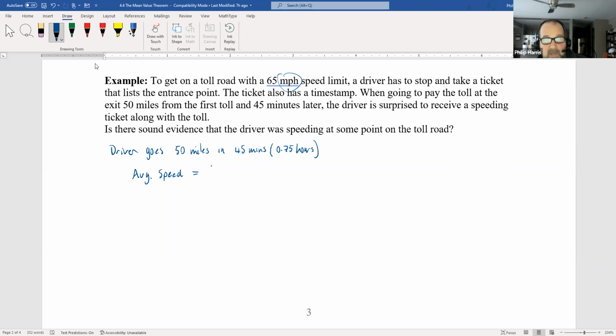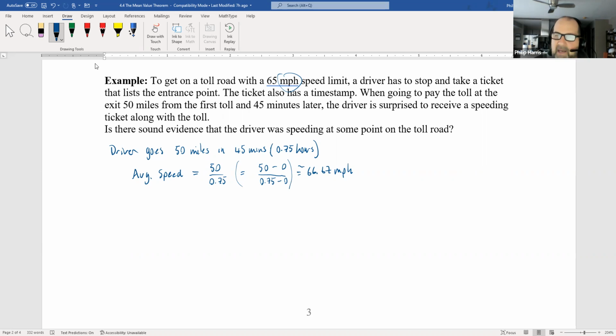So average speed would be 50 divided by 0.75. And that could be thought of as a slope calculation. It's 50 miles at the end, 0 miles at the starting point, 0.75 hours at the end, 0 hours at the beginning. So we don't need this, but this is a slope computation. If you do this math, you get 66.67 or so miles per hour. So this was this person's average speed.